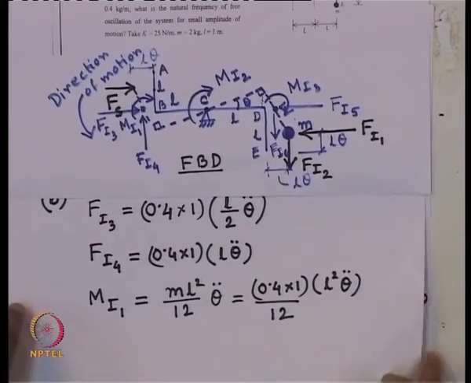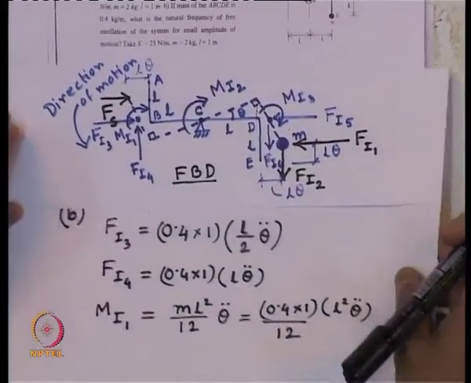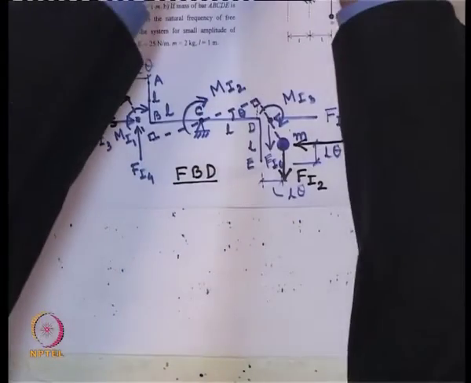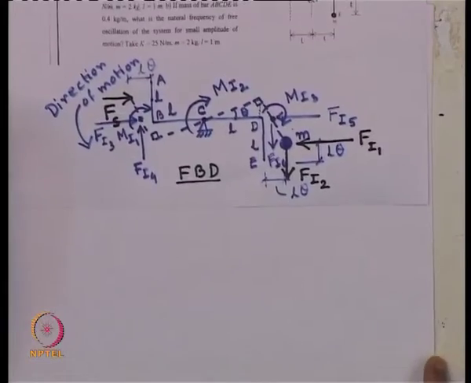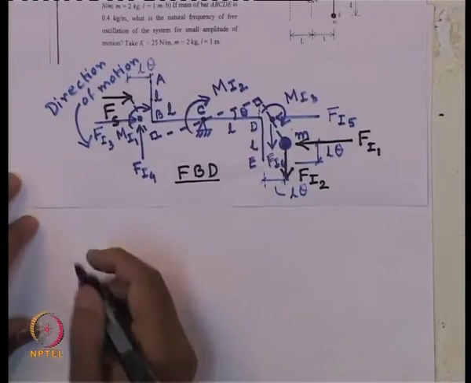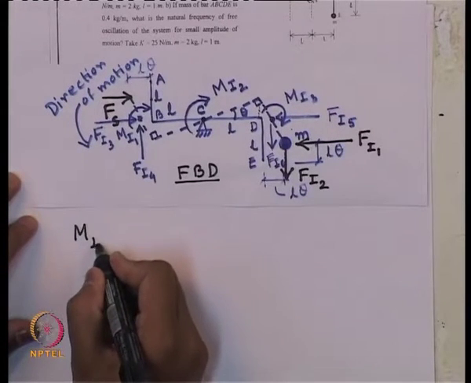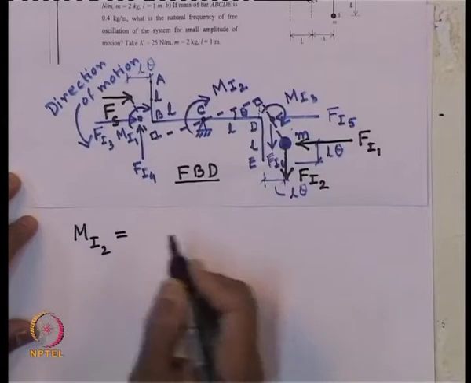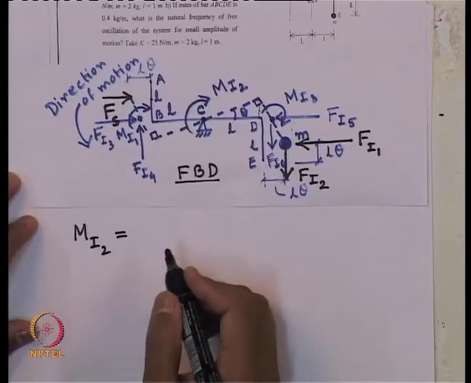Now, let us see what are the other new inertia forces which we have introduced. For the central bar, that is BCD, we have only M I 2. How much is M I 2?